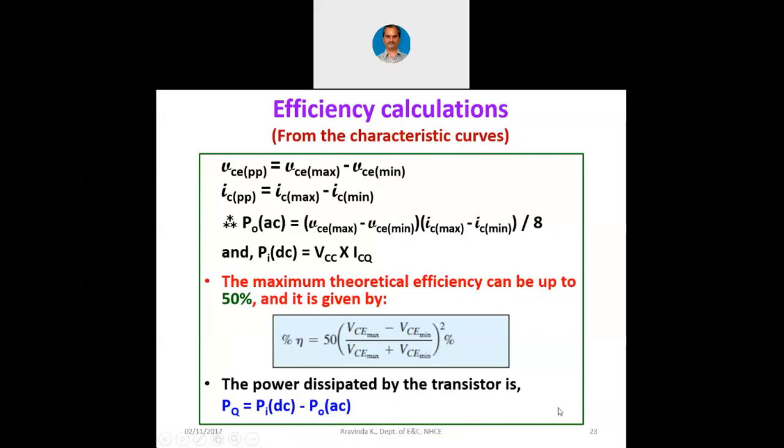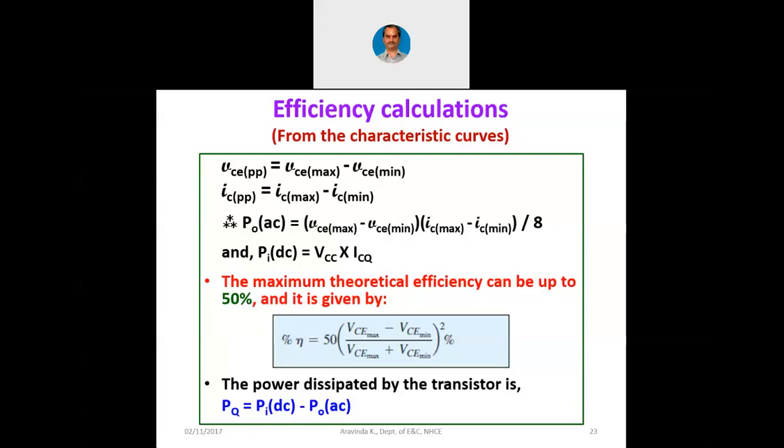The power dissipated by the transistor, PQ, is equal to PI DC minus PO AC. You already know that PI DC and you know this PO AC. Now, in an exercise, VCE max will be given, VCE min will also be given because it is transformer coupled, and at the output you will never have DC. Please understand, at the output you will never have DC because it is transformer coupled.